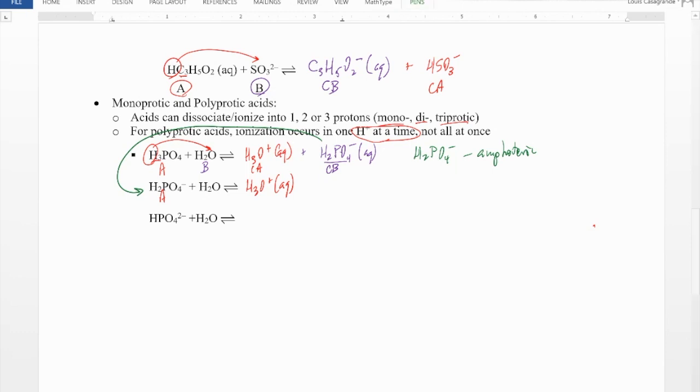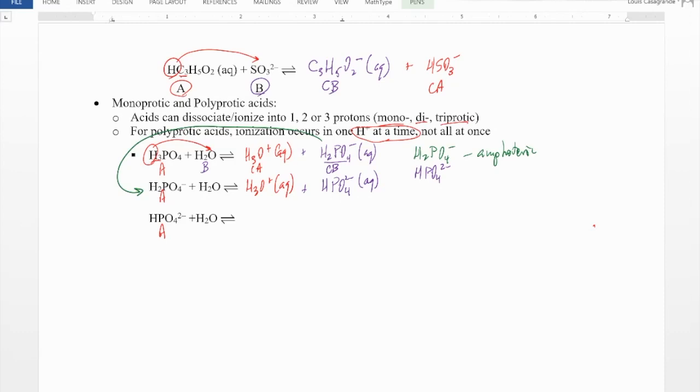And its conjugate base is now going to be down 1 proton, and we're going to be down to, instead of dihydrogen phosphate, monohydrogen phosphate, or just hydrogen phosphate. And that's also 2 minus, that's also an amphoteric compound. And finally, take that HPO4 2 minus, it becomes the acid in the third step.